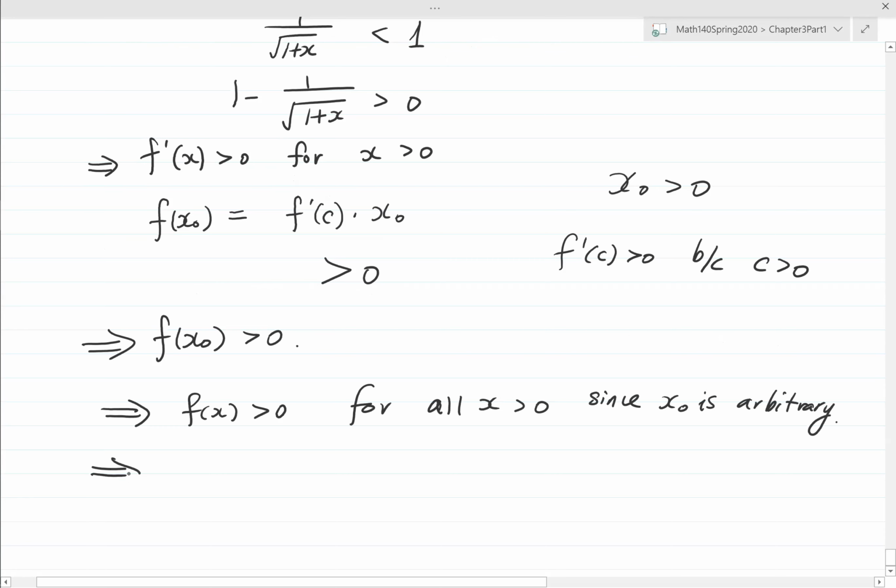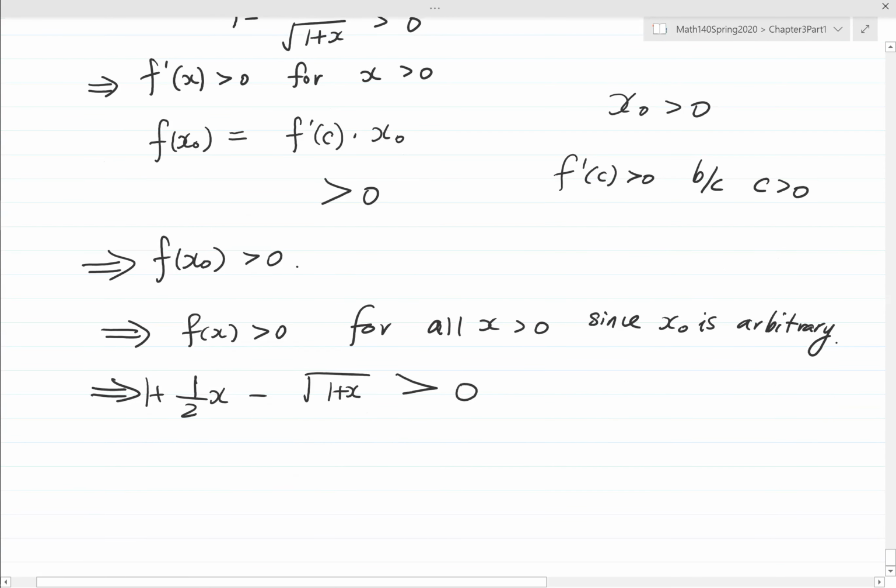That is, 1 plus 1 half x, minus the square root of 1 plus x, is greater than or equal to 0. So if you move terms around, then you get the square root of 1 plus x is bounded from above by 1 plus half x for all x greater than 0. Then we are done.